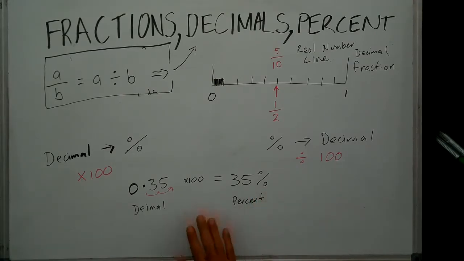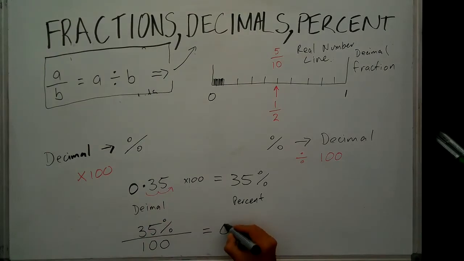So let's just use this example, 35%, and then I'm going to divide by 100. And when that happens, the percent sign disappears, and we're moving the decimal place 1, 2. We're going to end up back at 0.35.